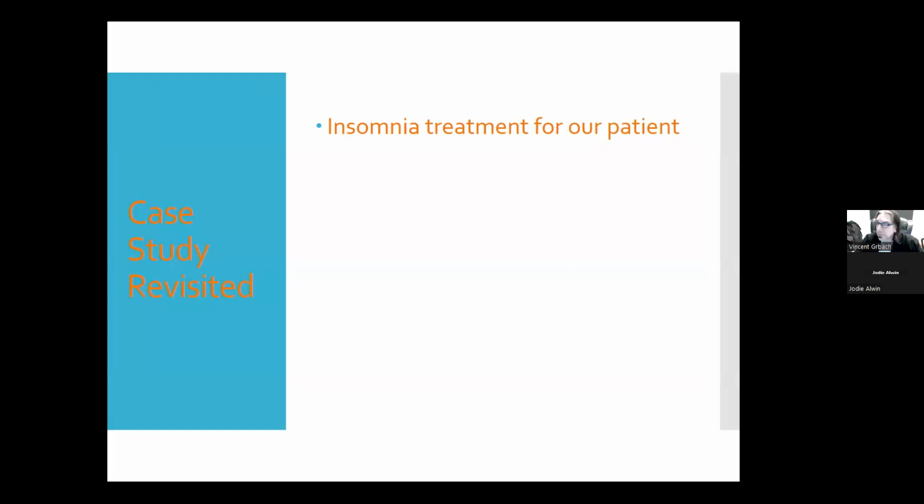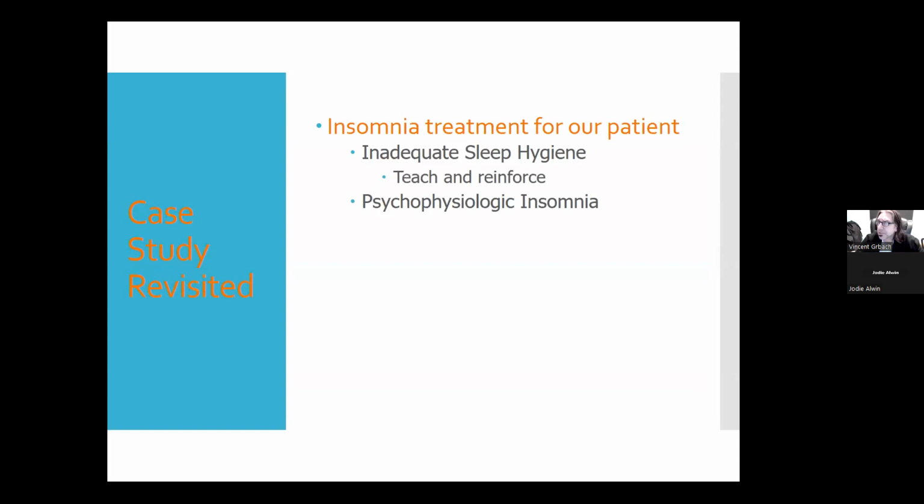So insomnia treatment for our patient: for her inadequate sleep hygiene, I wanted to teach and reinforce and correct all of her bad habits. For her psychophysiologic insomnia, I started basic in-office cognitive behavioral therapy, kind of CBT light. I haven't gotten her successfully to do a sleep diary yet, but we're getting there.